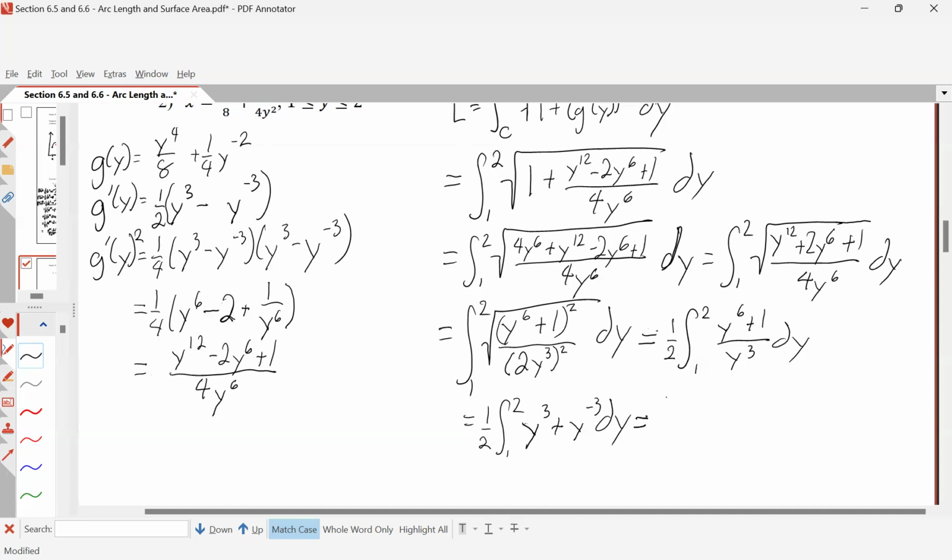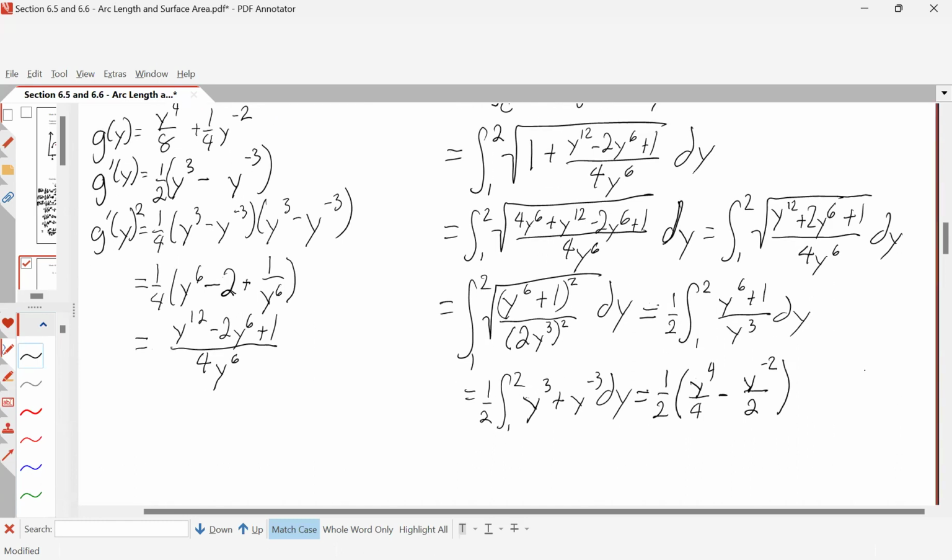The antiderivative gives us 1/2 times y to the 4th over 4 minus y to the -2 over 2, evaluated from 1 to 2.